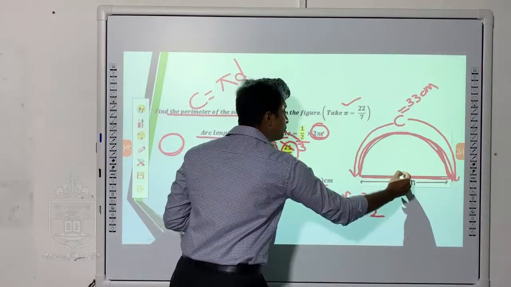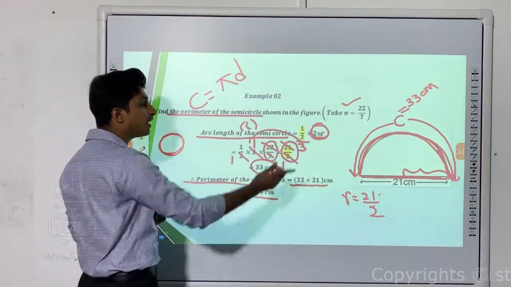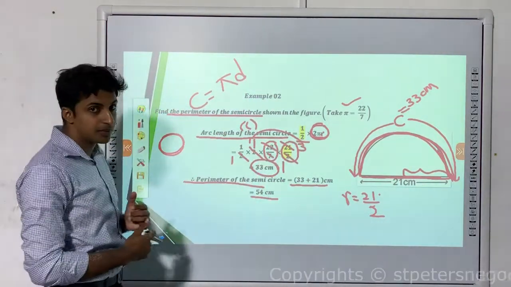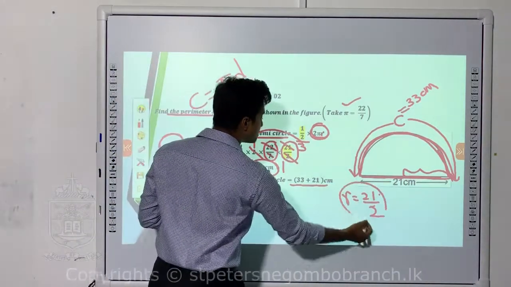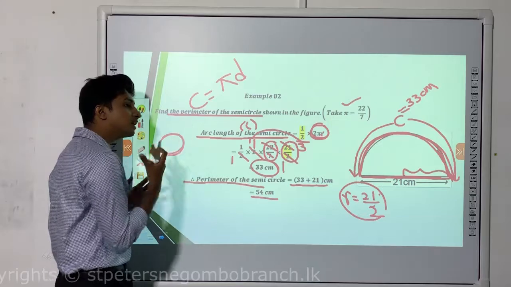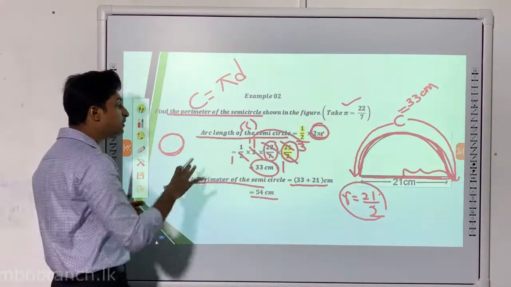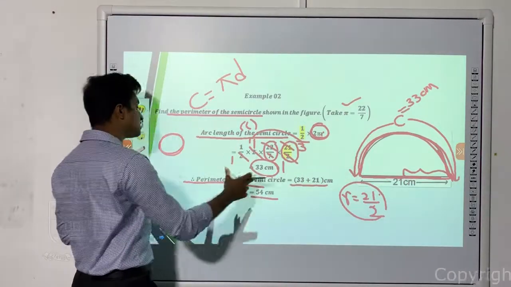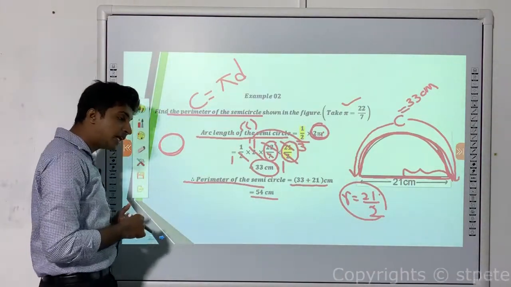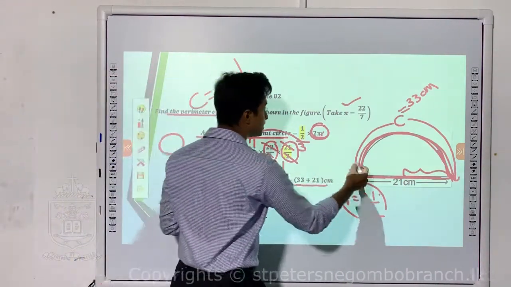There are many people who, when it is not divisible by 2, in vain find a decimal and use it in the formula. So do not use any decimals. It's easy if you use the fraction itself in the formula, because with the other parts it will simplify easily. So I have simplified this part of the formula and the answer is 33 centimeters. 33 centimeters is only the length of the arc.